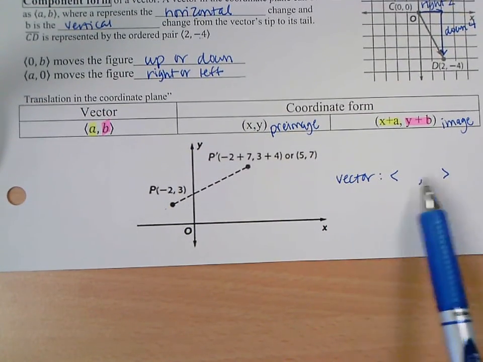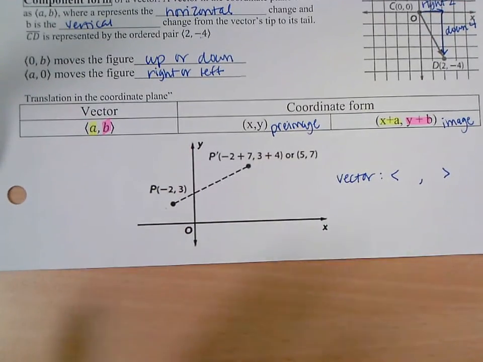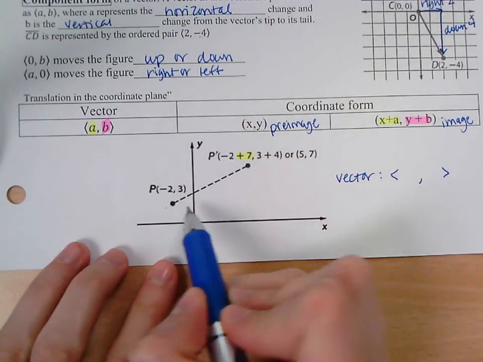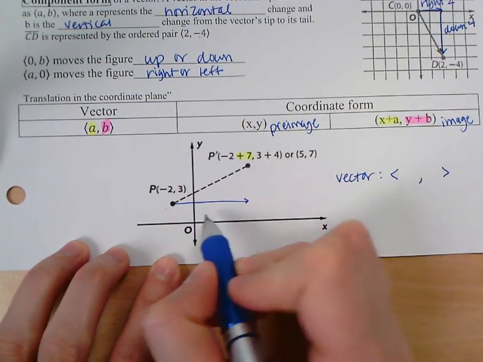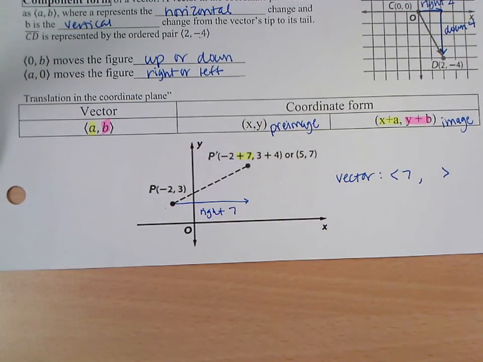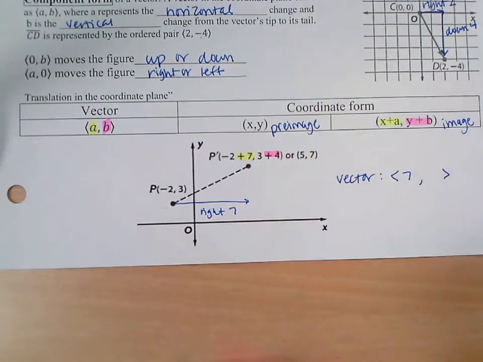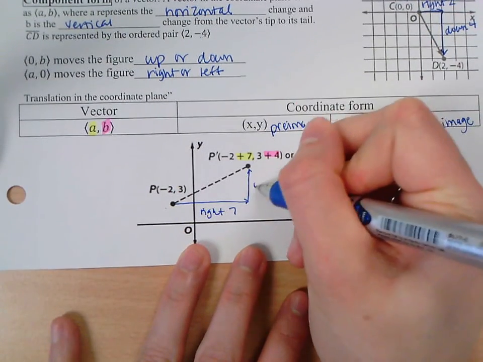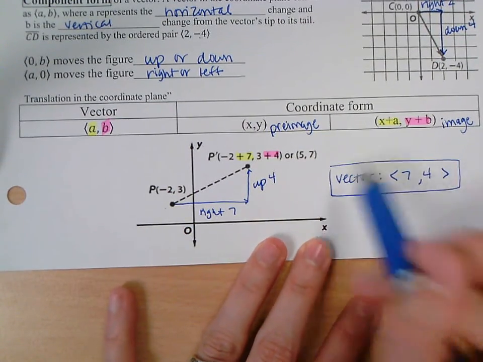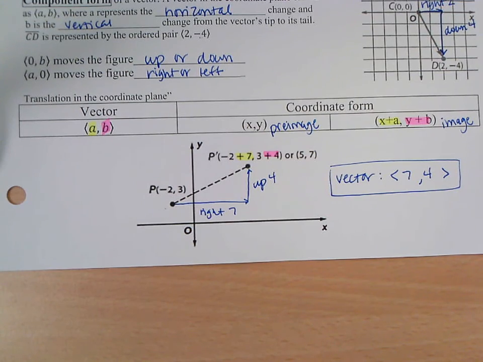Oh, 7, yeah, 7 and then 4. Since you have the plus 7 here, that tells me that I moved to the right 7. And then since the y coordinate is 3 plus 4, the plus 4 is the vertical change, so I went up 4. So that vector would have been positive 7, positive 4. Just to understand that notation a little bit better.